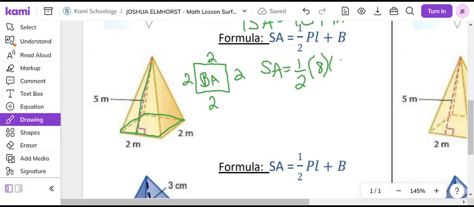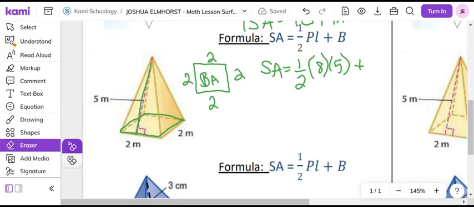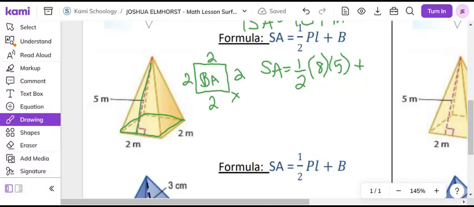Okay, and then we're going to do 1/2 the perimeter because it's a pyramid, and then times the slant height. The slant height is going to be 5. It's the height of the triangle on the side, plus the base area. The base area is going to be 2 times 2.